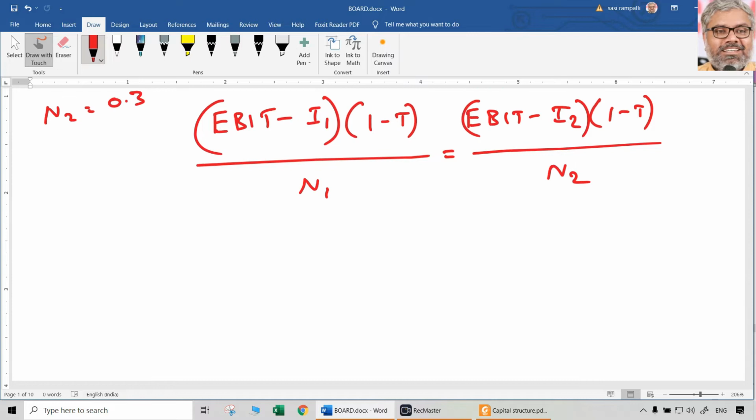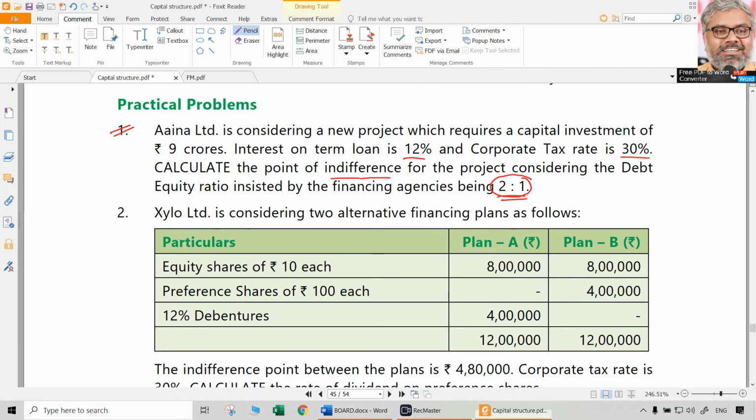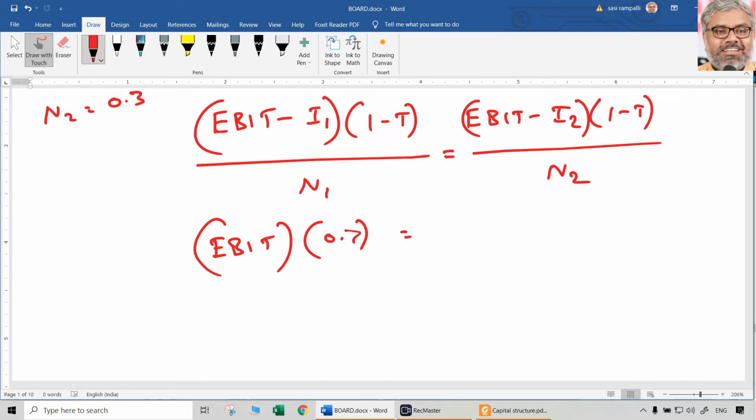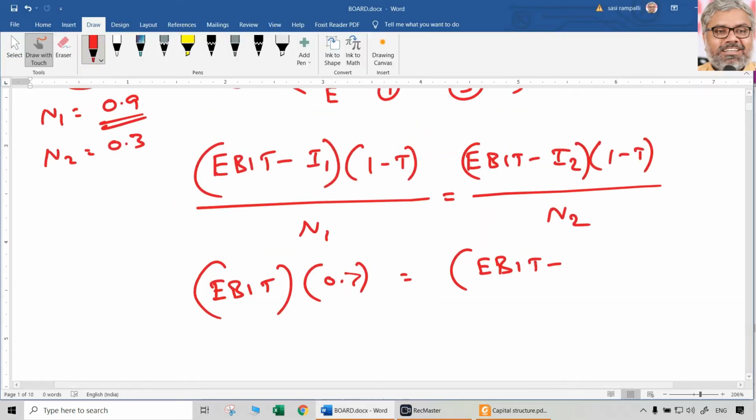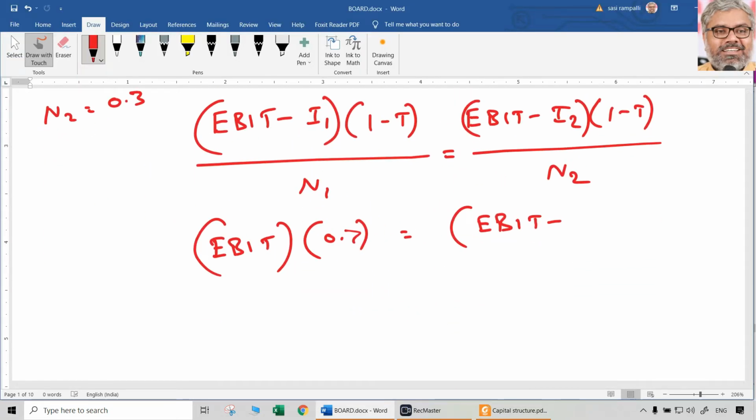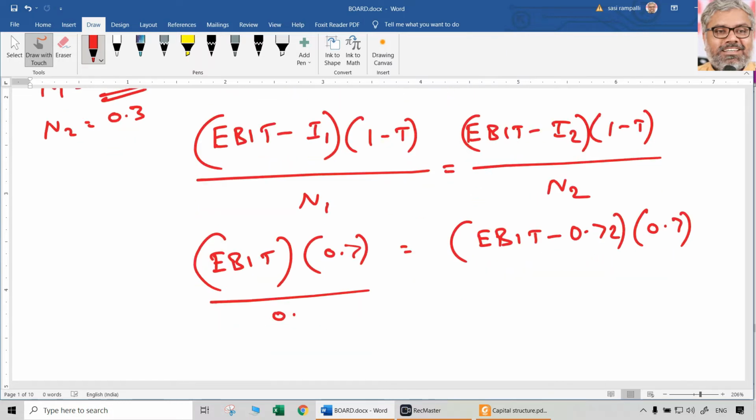All that we need to do is substitute. EBIT is what we have to calculate. In the first case, there is no interest. 1 minus tax rate will be 0.7. Then EBIT minus I2, which we already know, 0.72 crores, all in crores, into 0.7, 1 minus tax rate. In the first case, N1 is 0.9.